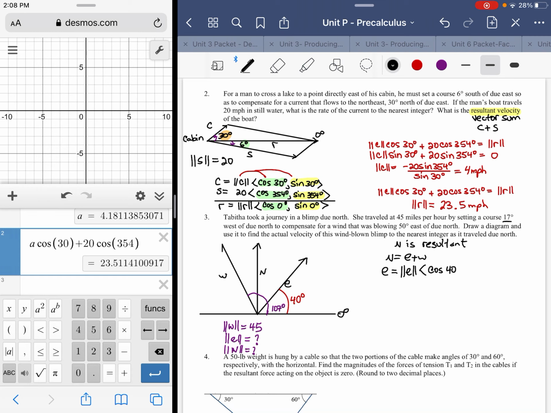So let's do E equal to the magnitude of E times cosine of 40 degrees, sine of 40 degrees. W is equal to, we know W is 45, cosine of 107, sine of 107.